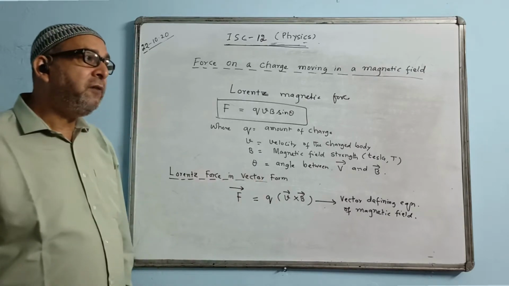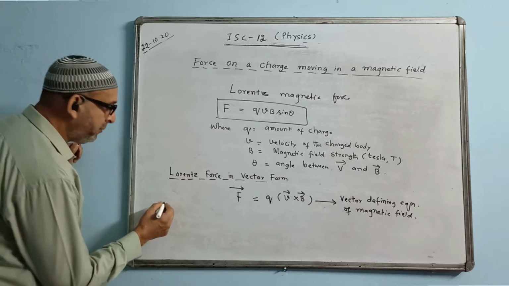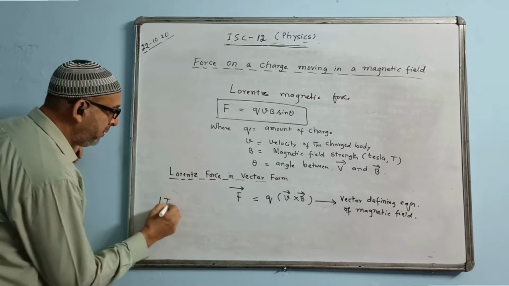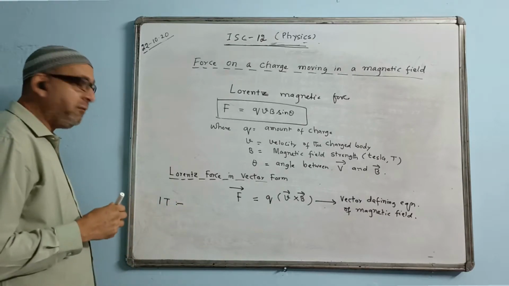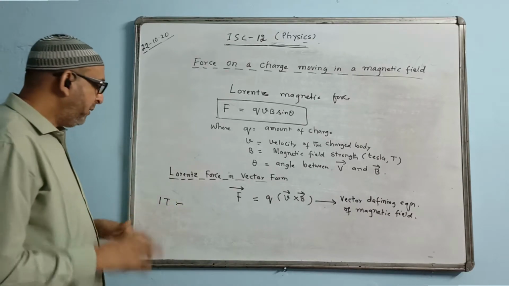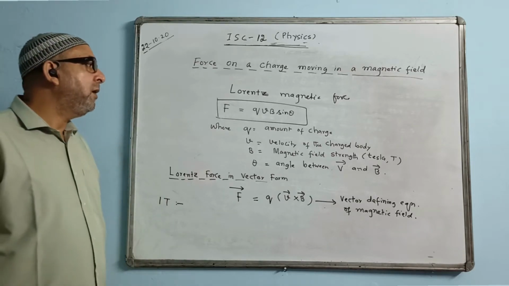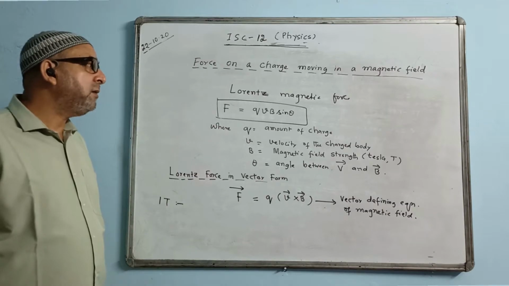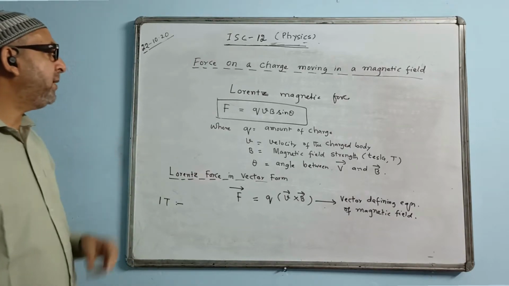Now, if they ask you to define 1 Tesla, this helps us to define magnetic field. How can we define 1 Tesla? To define 1 Tesla, we have a method.